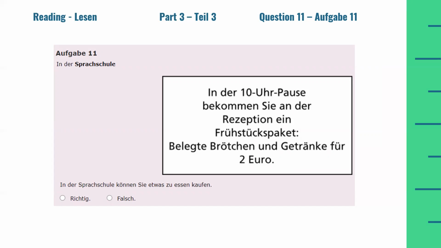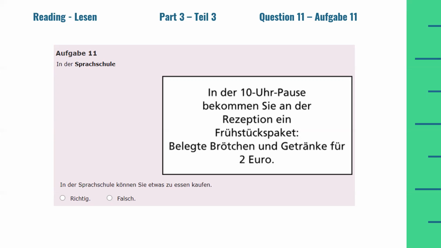And you have to tell whether this statement is correct or incorrect after reading the text in the box. And the text in the box is, in der 10 Uhr Pause bekommen Sie an der Rezeption ein Frühstückspaket, belegte Brötchen und Getränke für 2 Euro.